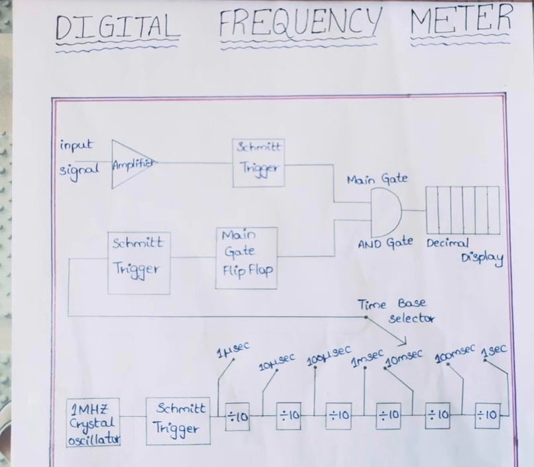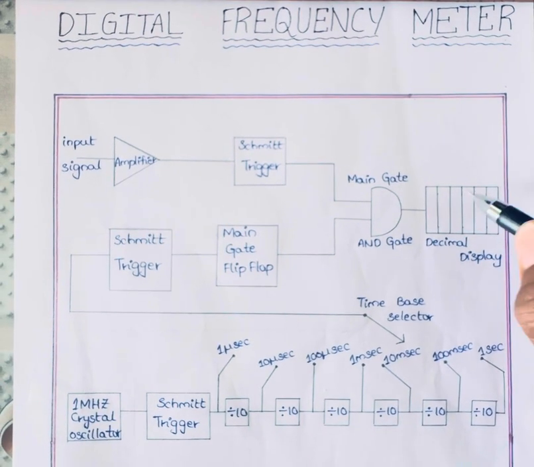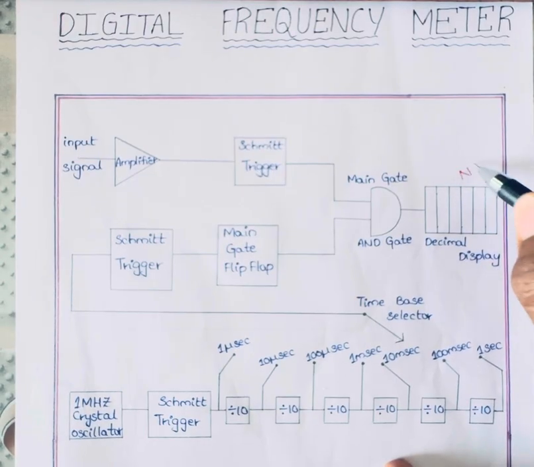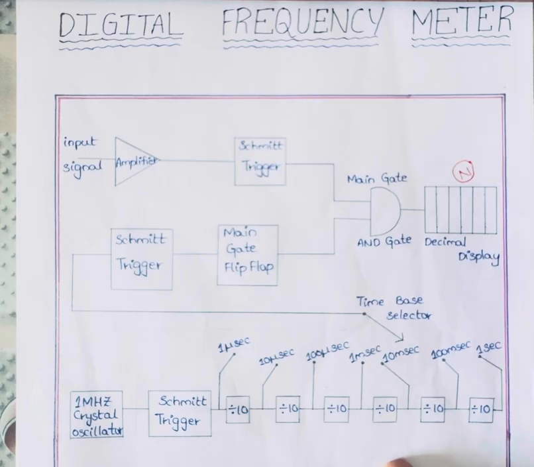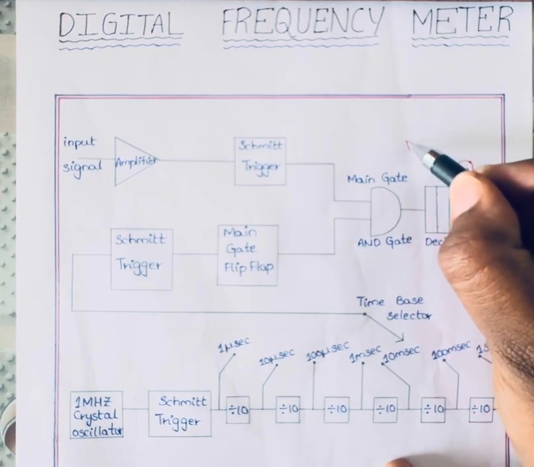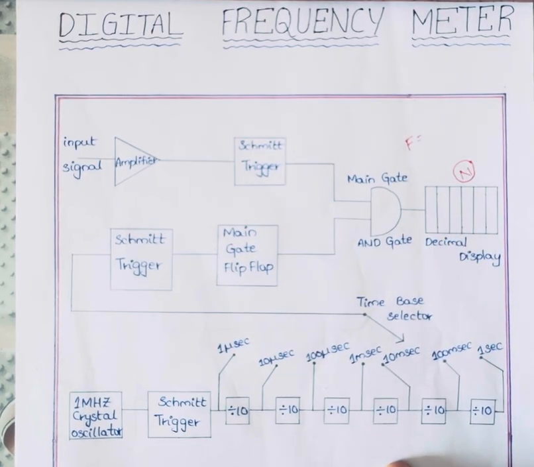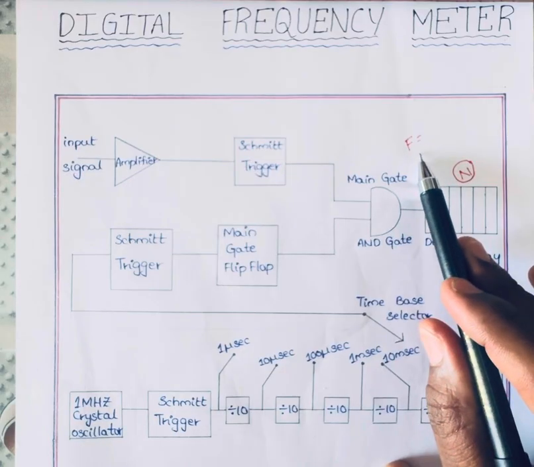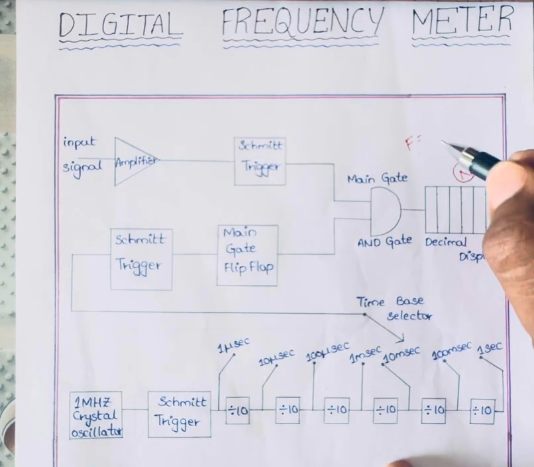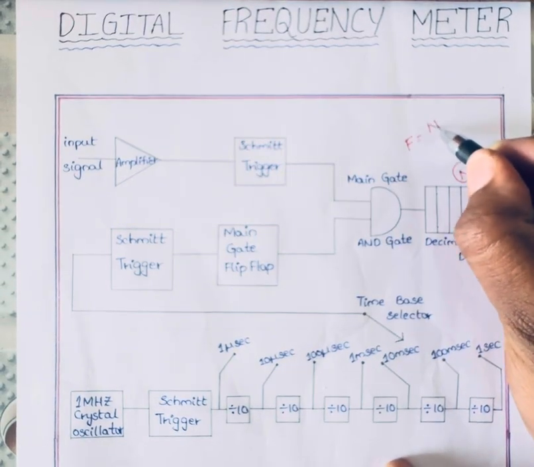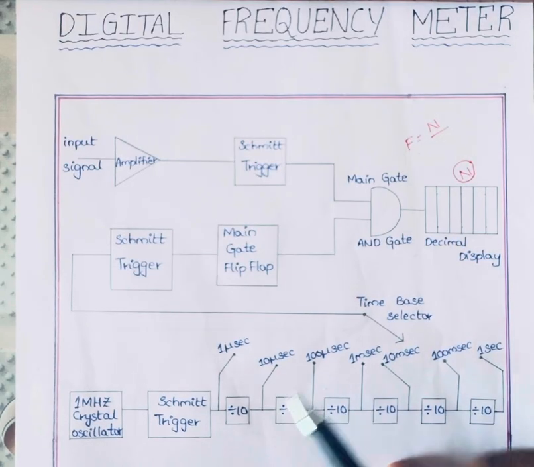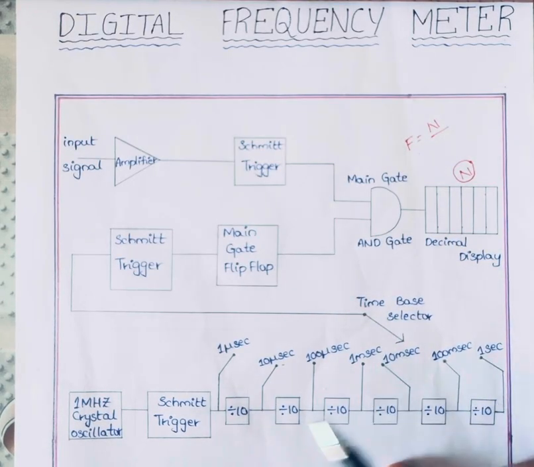For example, here n number of samples are generated. So the frequency F can be calculated as F equal to n, the number of samples, divided by the time slot we have selected.